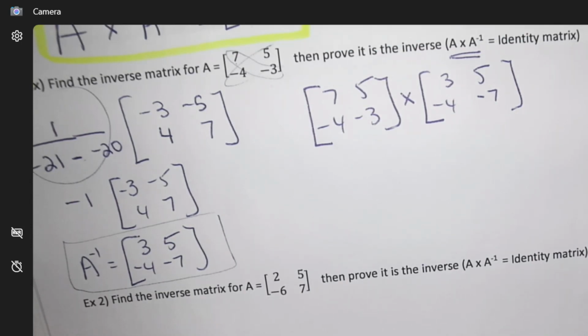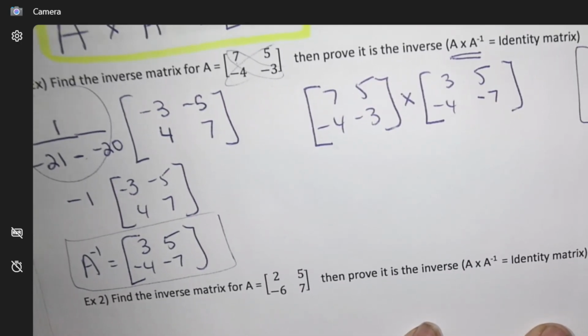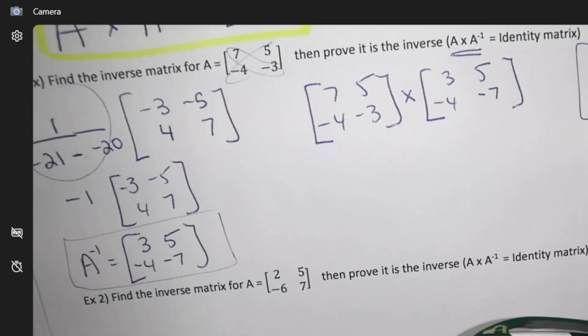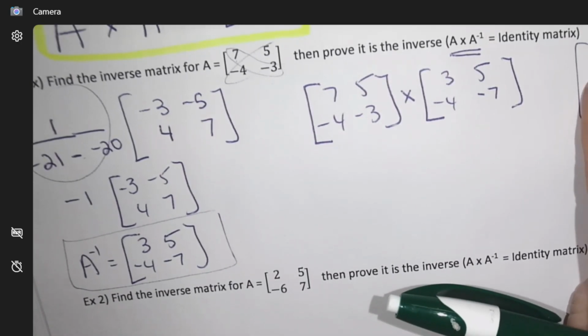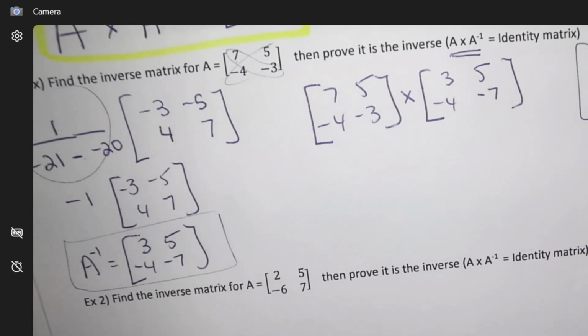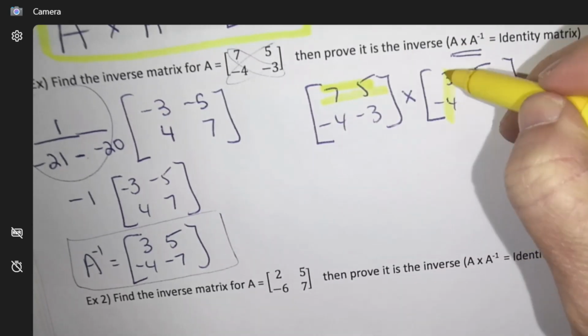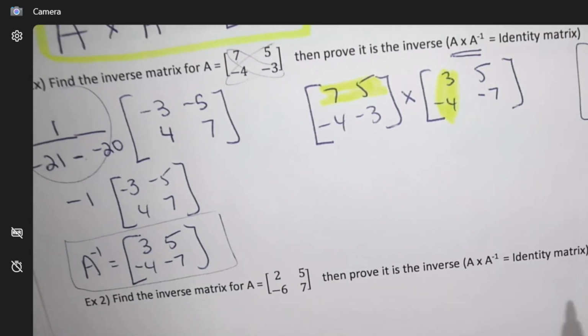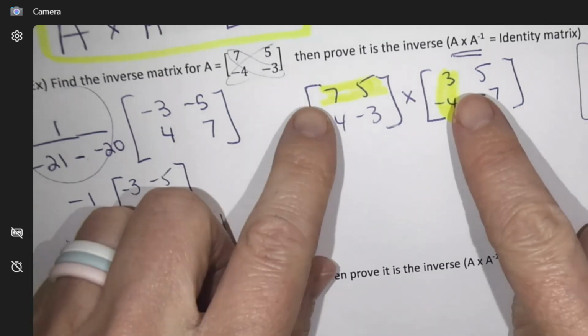Okay, do you remember how to do multiplication of matrices? The row times the column. Okay, so here's our combinations. I'm going to have to put row 1 with column 1. So I'll just give you one visual here. Row 1 times column 1 like that.